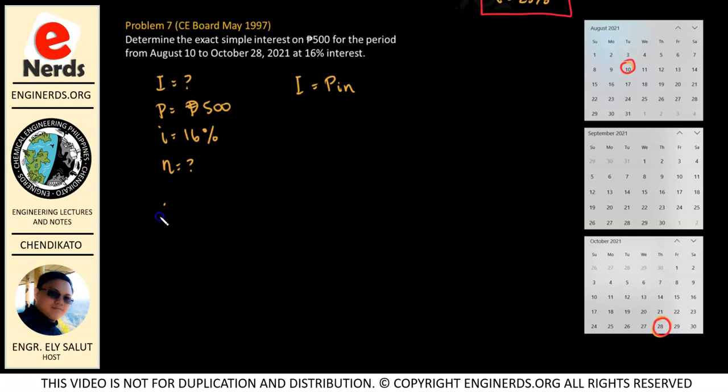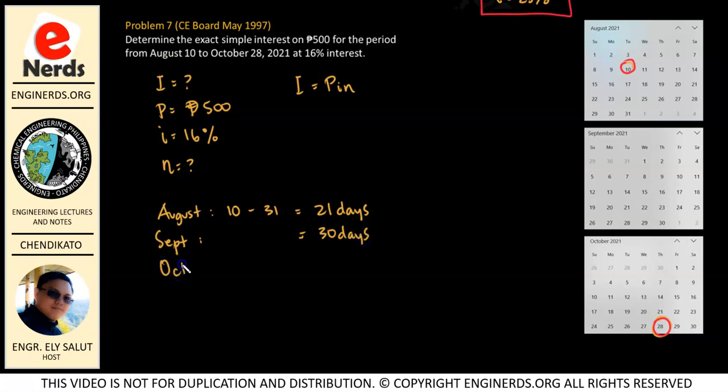Okay, so we need to know how many days we have from that period. So for August, this is from August 10 to 31. So how many days do we have? So 31 minus 10, we have 21 days. For September, we have until September 30, no? So we have 30 days.